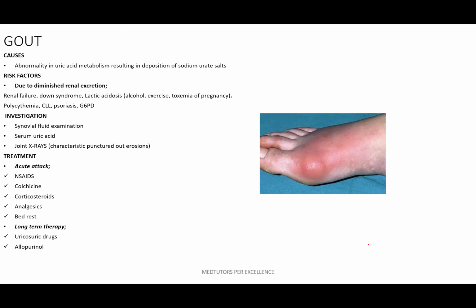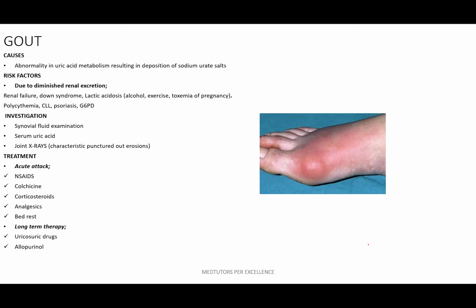So, in summary, gout is a disease caused by deposition of urate salt from abnormal uric acid metabolism. It is commoner in males than in females, and they present with sudden attacks of pain in the joints, swelling and deformities.